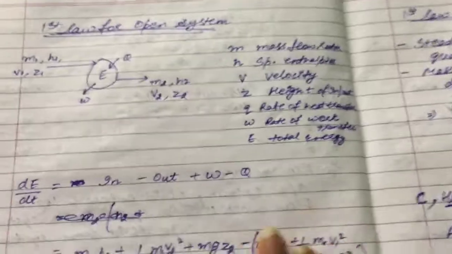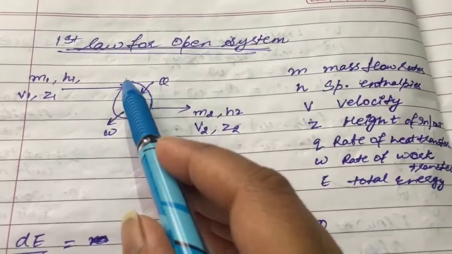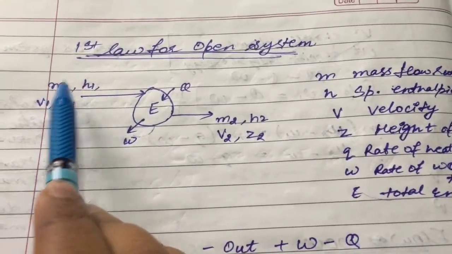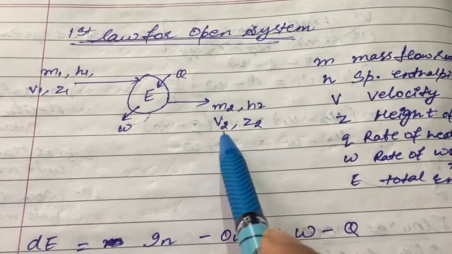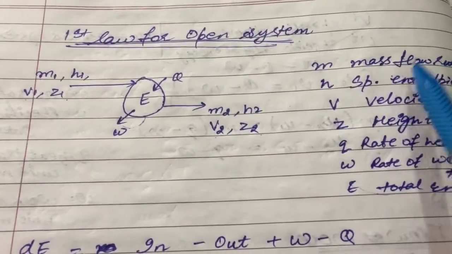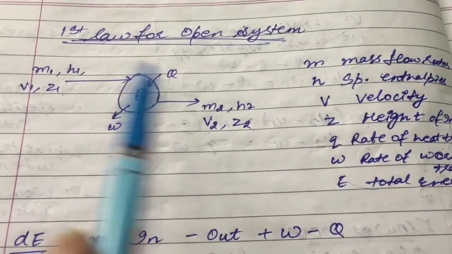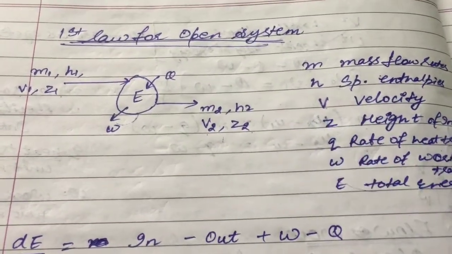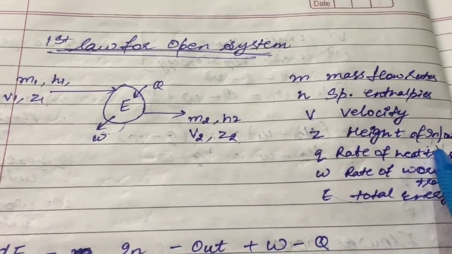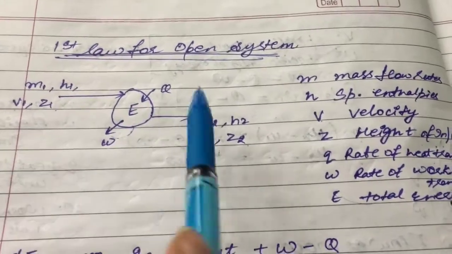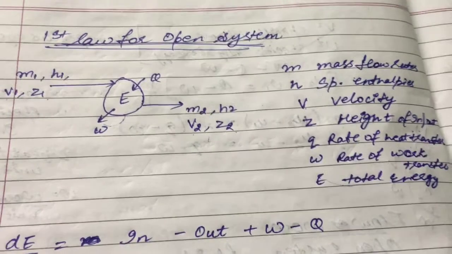Next is the first law for our open system. This is our system in which m1, h1, V1, Z1 are entering and m2, h2, V2, Z2 are leaving, where m is the mass flow rate, h is specific enthalpy, V is velocity, and Z is height of the in and out flowing mass.